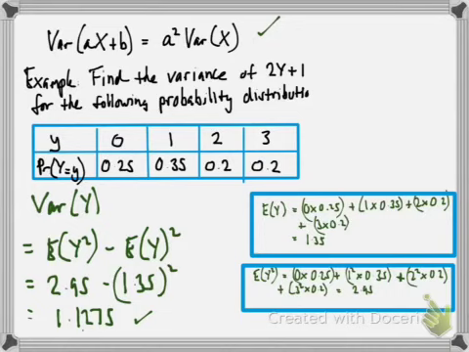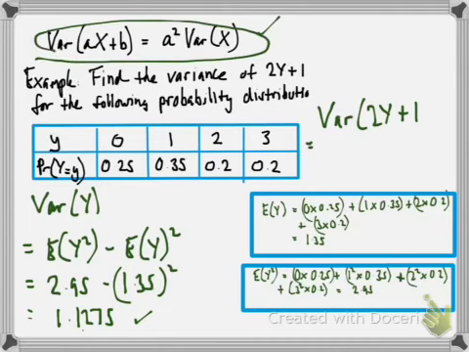So in other words, what we're trying to find here is var of 2y plus 1. Now, if we want to apply our formula, that's the same as 2 squared var y. Notice how the b disappears, and the b in this case is the 1.